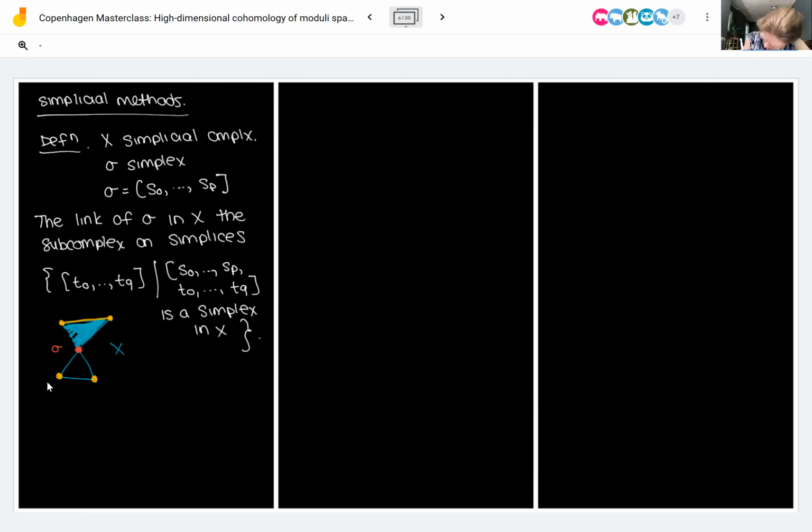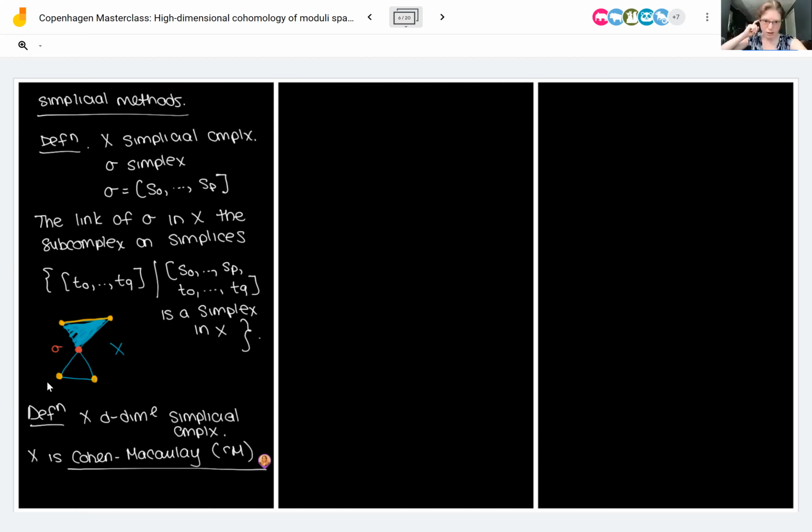And with that, we can make the following definition. If X is a d-dimensional simplicial complex, then we say that X is Cohen-Macaulay, or CM for short, if two conditions are satisfied.